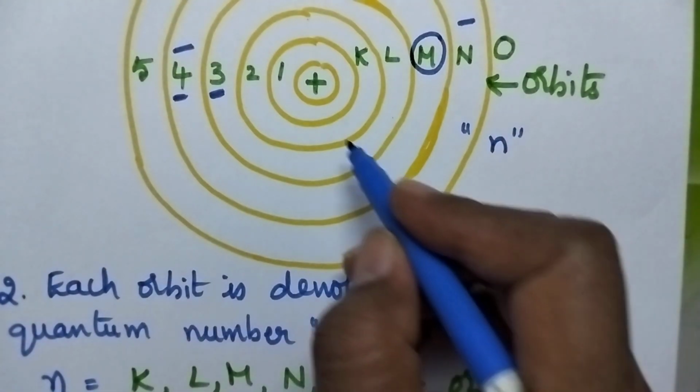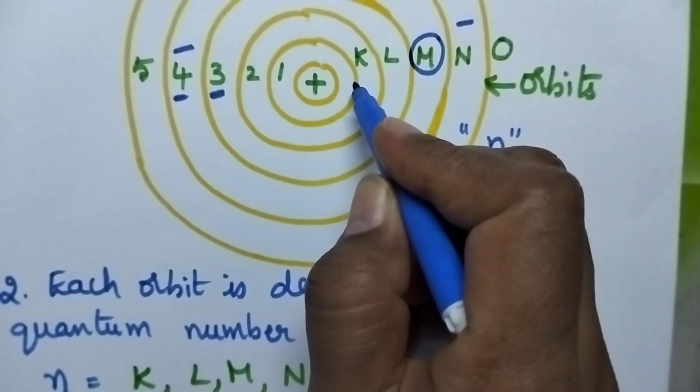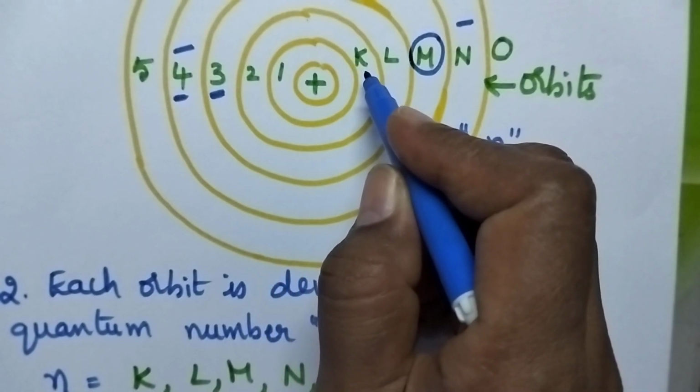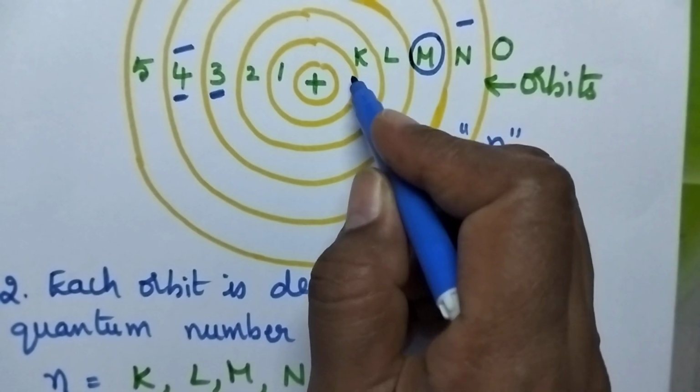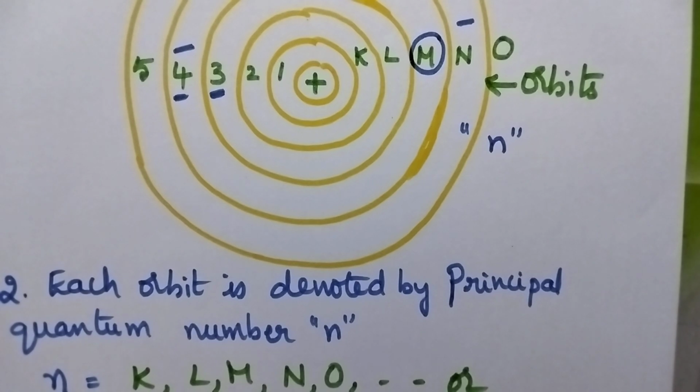As long as the electron revolves in the fixed orbits, the energy is neither emitted nor absorbed, and hence these orbits are called stationary orbits.